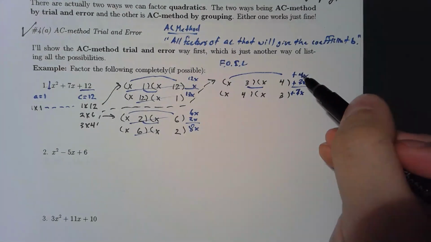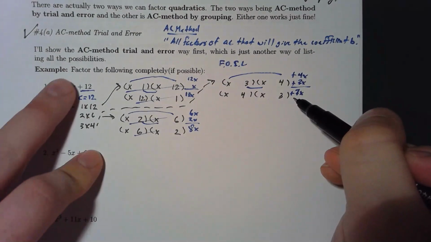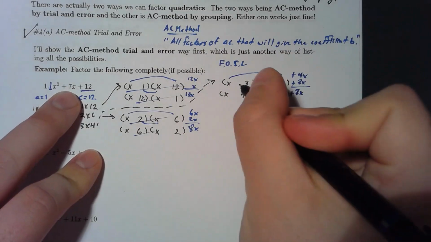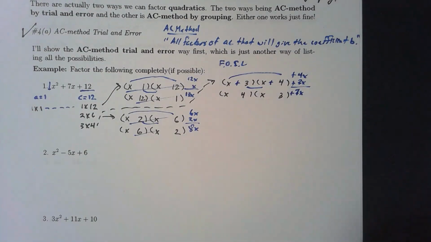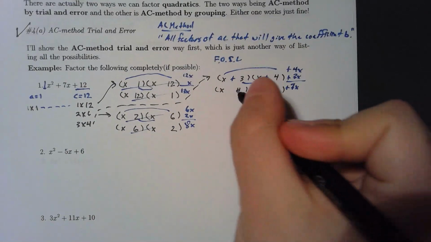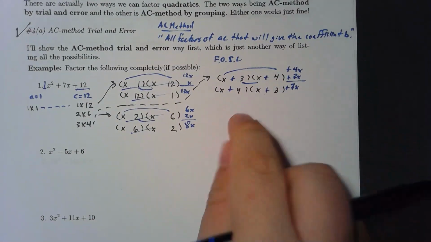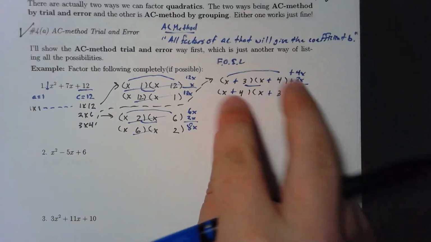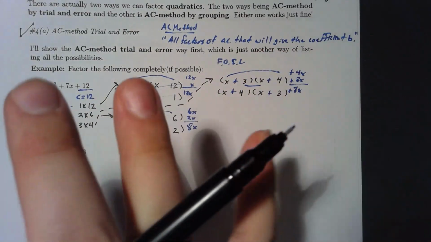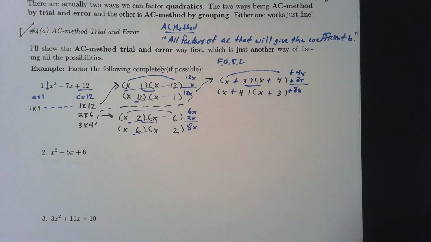So in order to get 7x, which is positive here, both of these need to be positive. Now, like I said, you could have picked this one as well. If I chose this pair instead, it's still the same factors. They're just written in a different order, for 4 times 5 is the same thing as 5 times 4.